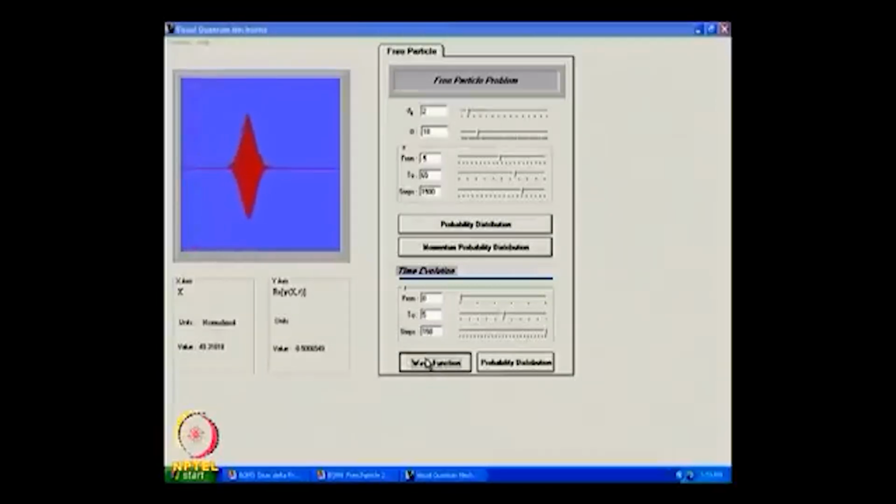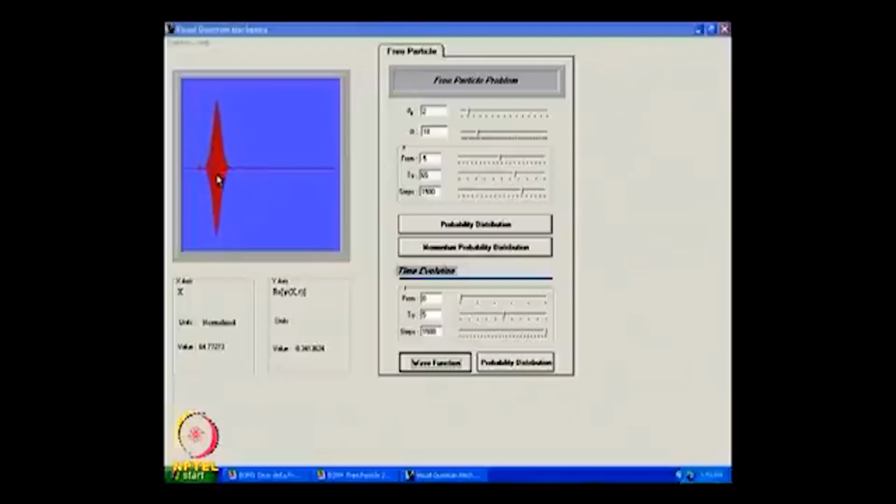So, the particle is described by this kind of, let me do it even more slowly. The particle, this is the real part of the wave function, and this is how it evolves with time. Please see this. If I know the initial wave function, then the particle is somewhere localized here.